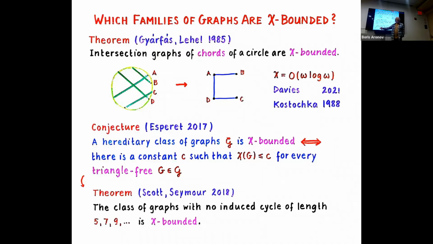But if it doesn't contain any odd cycle, then it is a bipartite graph. If it is a bipartite graph, then its chromatic number is 2. That's why it's bipartite. It can be colored by 2 colors. So this would be an immediate consequence of this conjecture.